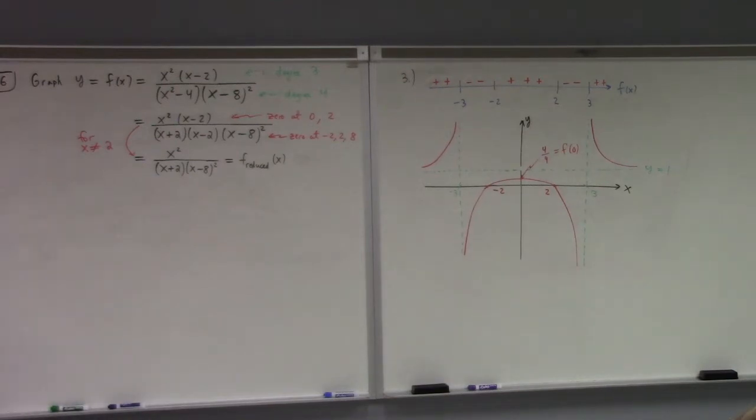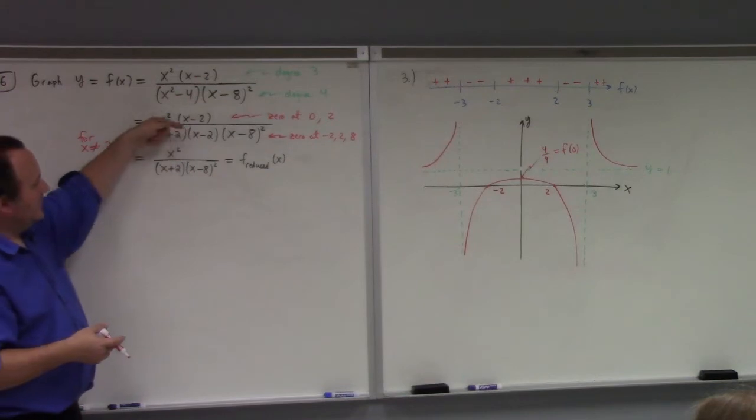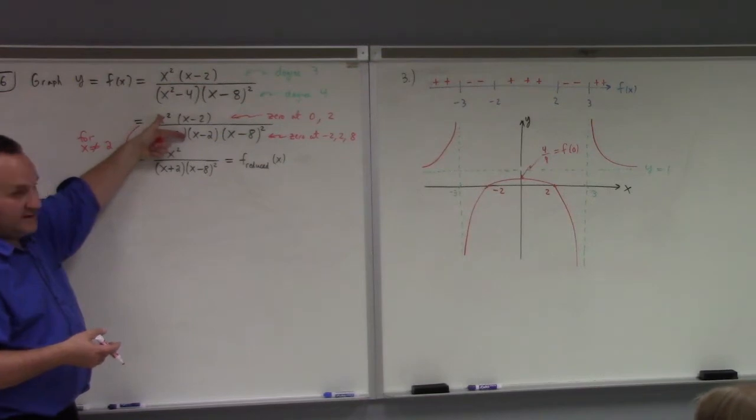All right. So the reduced function is defined for more x than the original function. In particular, for the original function, we have x minus 2 appearing once in the numerator and x minus 2 appearing once in the denominator.